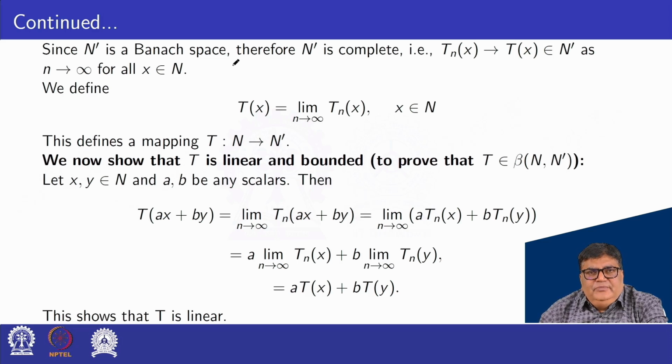Since N' is a Banach space, as given in the statement, N' is complete. That is, Tnx converges to Tx, where Tx is an element of N', as n tends to infinity for all x belonging to N. The meaning of this is that Tx is equal to the limit as n tends to infinity of Tnx for all x belonging to N. This defines the mapping T from N to N'.